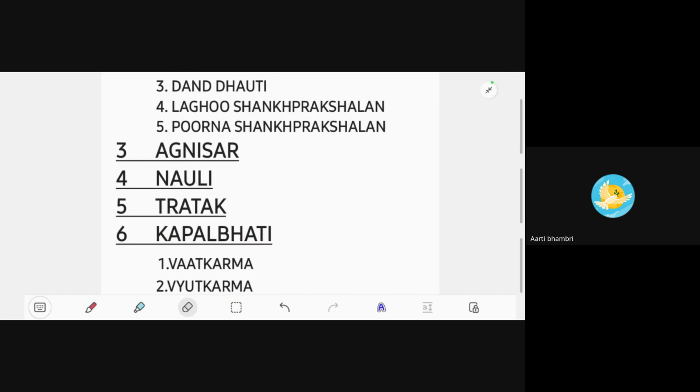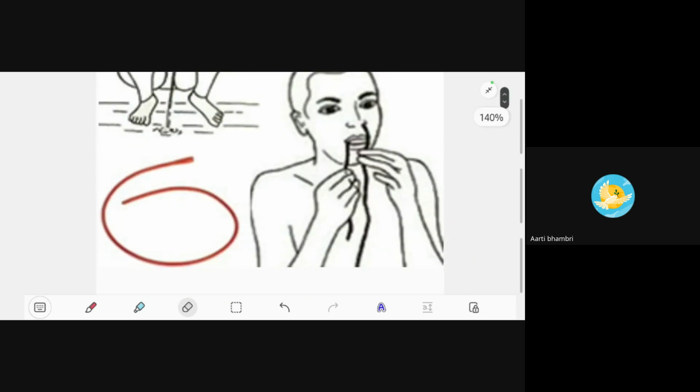In Kapalbhati, we move our belly in and out, of course, but the breath we have to throw out as well, through our nose. But in Agnisar, no breath needs to be thrown out through our nose or mouth. We have to take a deep breath.